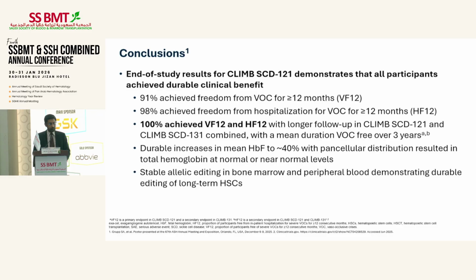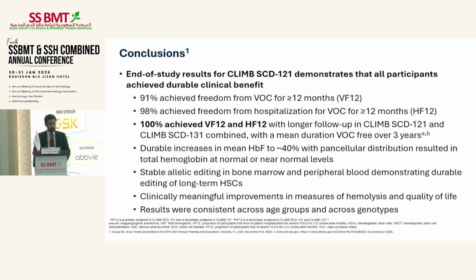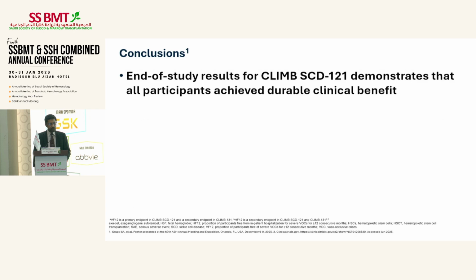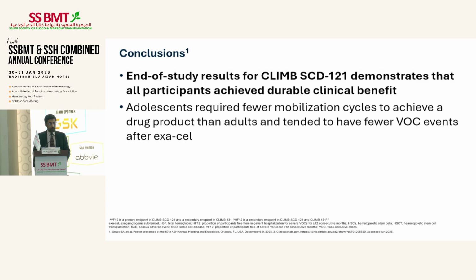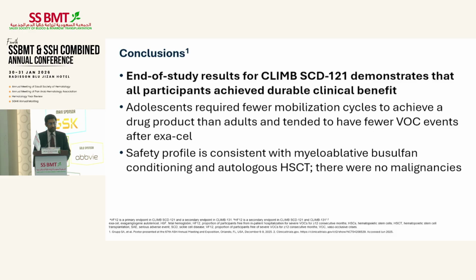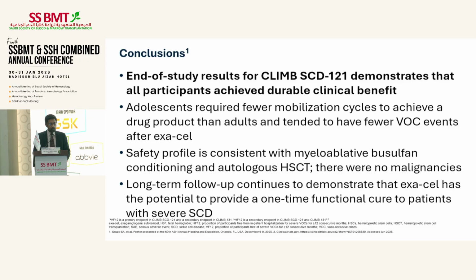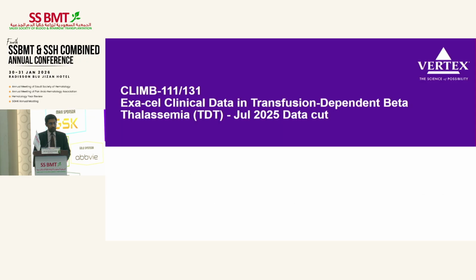Hemoglobin F is about 40% or more, stable editing, and results were consistent along the age groups. Adolescents required few mobilization cycles, which is an issue sometimes, and safety profile is consistent with myeloablative busulfan, and long-term follow-up is needed to see if there is a functional cure for these severely affected patients.